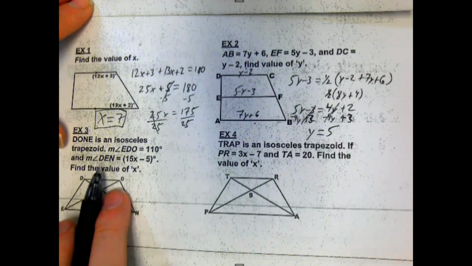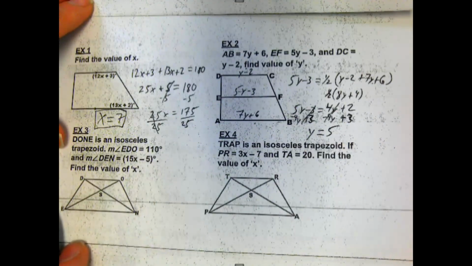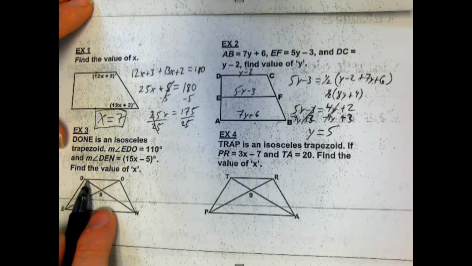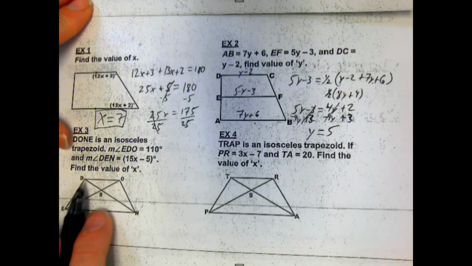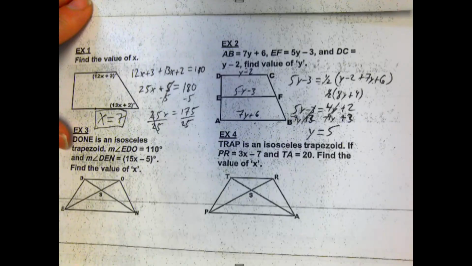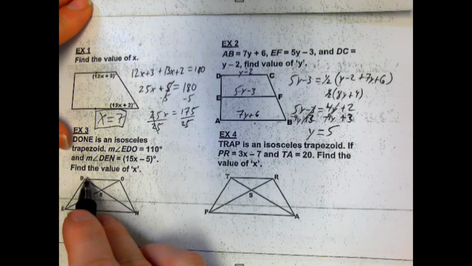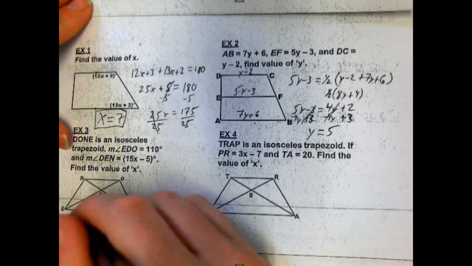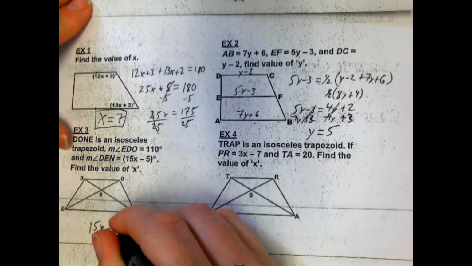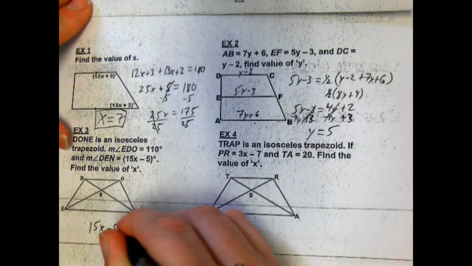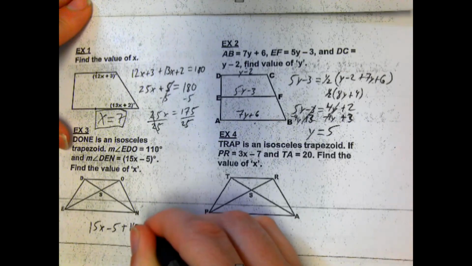DONE is an isosceles trapezoid. The measure of angle EDO, so this angle right here, is 110 degrees, and the measure of DEN, so this angle right here, is 15x minus 5 degrees. Again, because these are parallel lines, these would be like same side interior, so they would be supplementary. So 15x minus 5 plus 110 would equal 180.